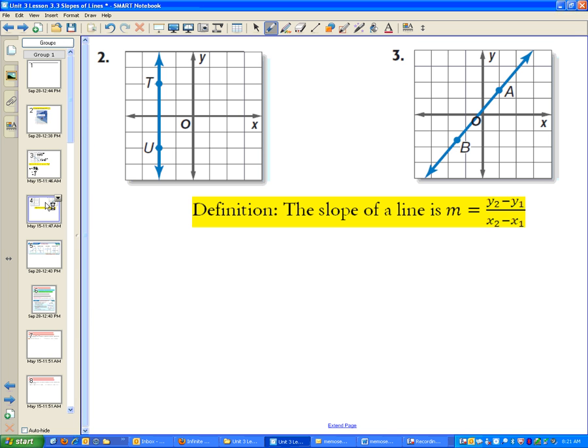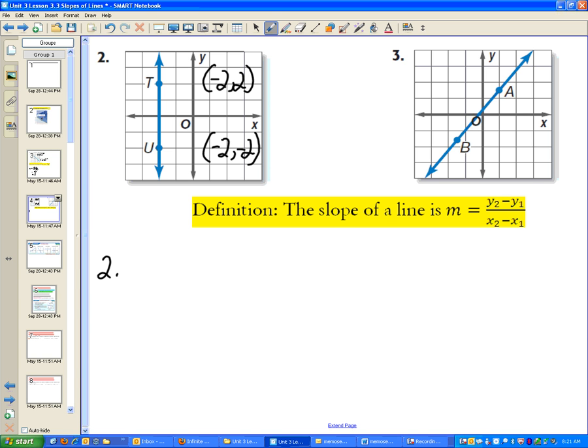All right. Number 2. What are the coordinates of T? -2, 2. What are the coordinates of U? -2, -2. Anybody know what we're going to get before we actually do this?